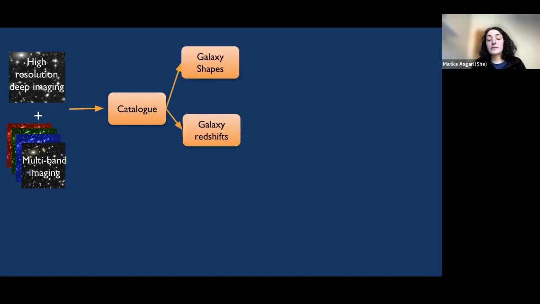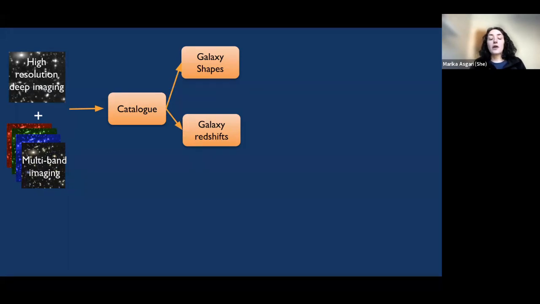And once we've done that, we can measure the shapes of galaxies and also use these colors to estimate the redshifts. And I will talk a little bit about that later. Now, these two components are the main two things we need to measure to be able to estimate the signal. And both of them need to be measured very accurately.